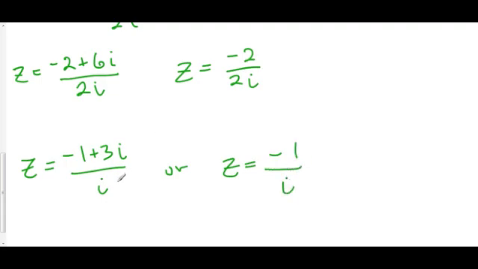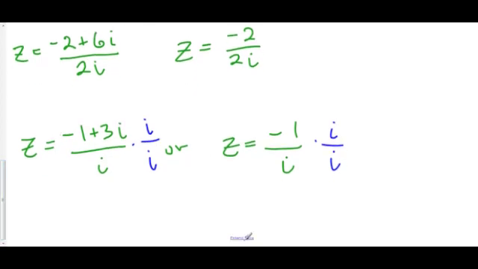Now, in Algebra 2, we are not allowed to have an imaginary number in our denominator. So to get rid of that i, all we have to do is multiply top and bottom by i. Of course, remembering to distribute that i to both the negative 1 and the 3. And the same thing over here, we'll multiply top and bottom by i.